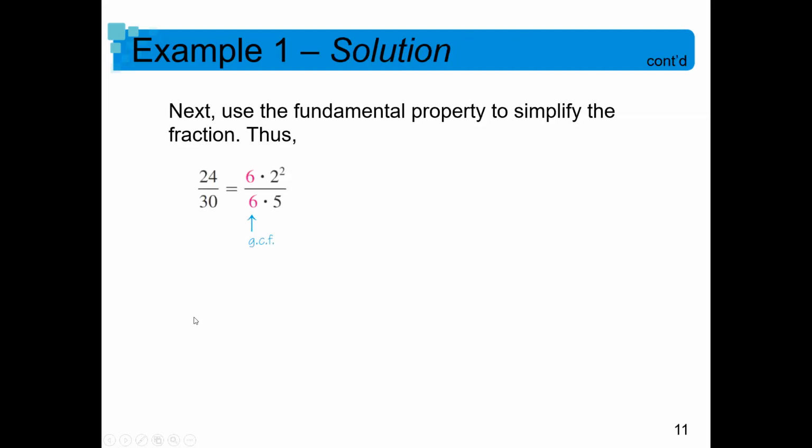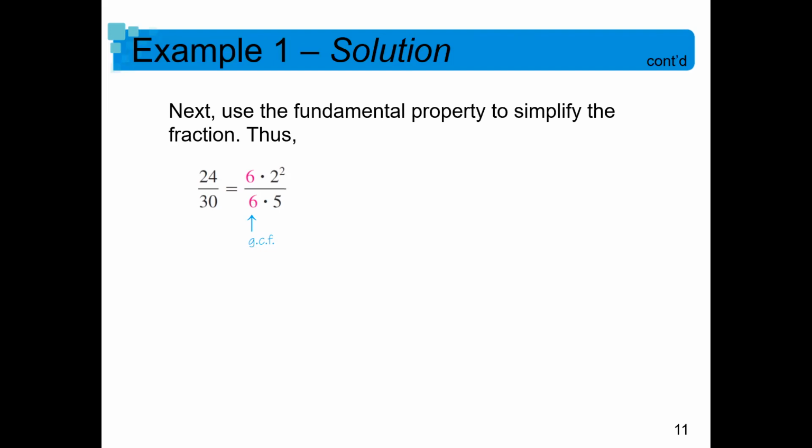So notice that 6 appears to be a factor, and indeed it is the greatest common factor for both numerator and denominator. So you now convert each numerator and denominator as the product of the greatest common factor and the remaining factors that make up the original values.